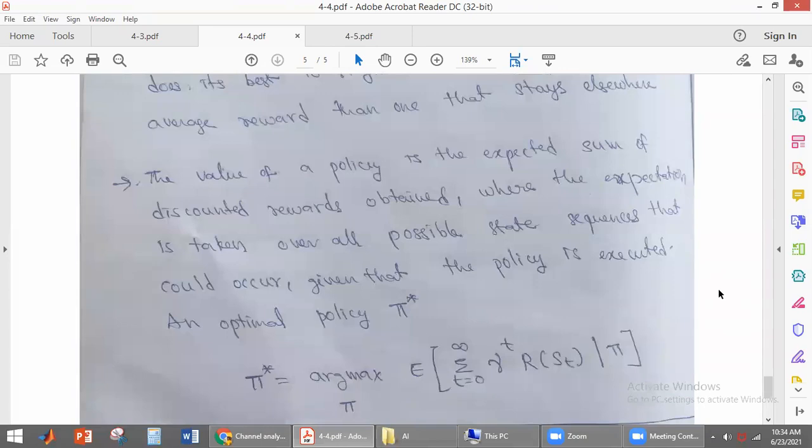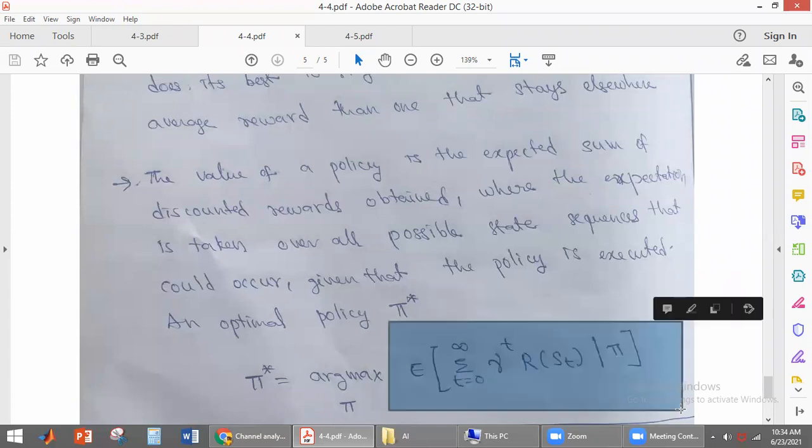Now, how do we find the value of a policy? The value of a policy is the expected sum of discounted rewards when the policy is executed. What is pi? Pi is a policy.